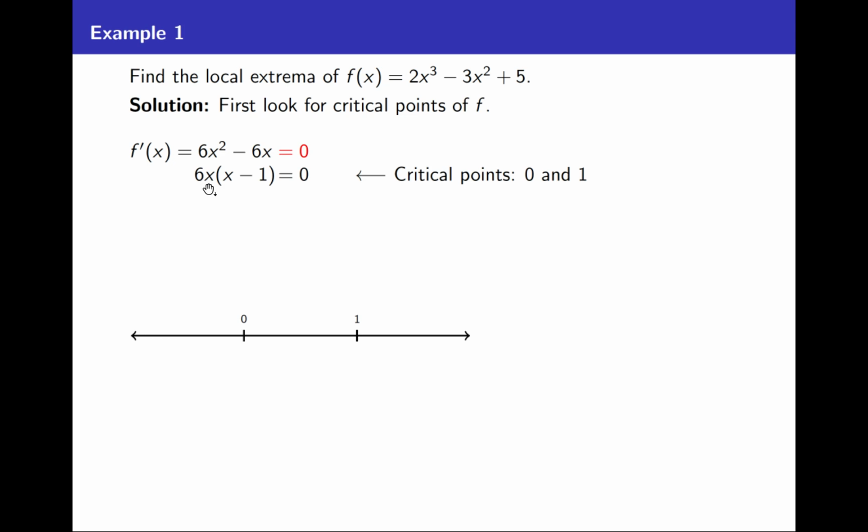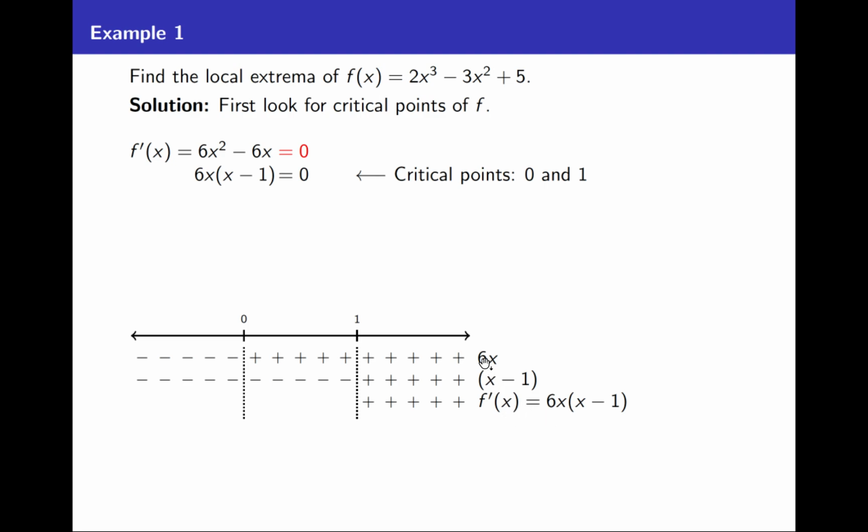Now our derivative factors as 6x times x minus 1, so it's convenient to look at those two factors individually. 6x is positive when x is positive and negative when x is negative. The other factor, x minus 1, is positive when x is greater than 1 and negative when x is less than 1. So we figured out the signs of those two factors at various points on the number line.